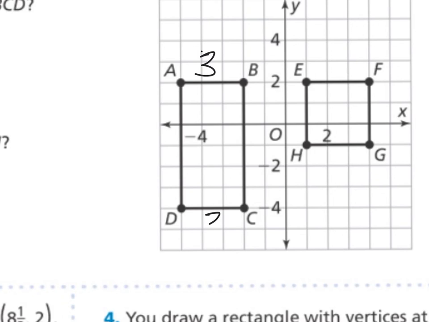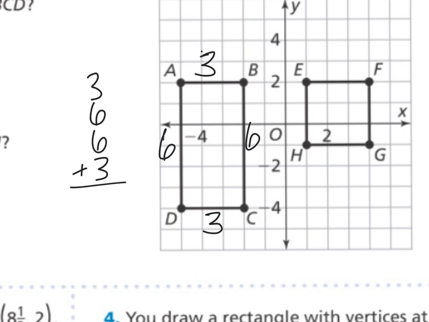D to C looks to be the same, and then the only question is vertically how far we're going here. And these have the squares nicely for us. You can count the squares. That's 6 squares, that's 6 squares. And then for our perimeter then, we're just going to add those together.